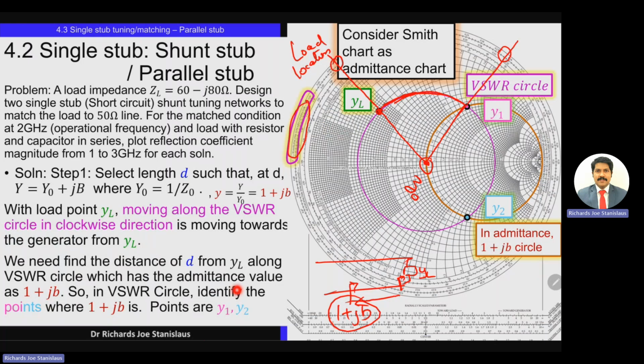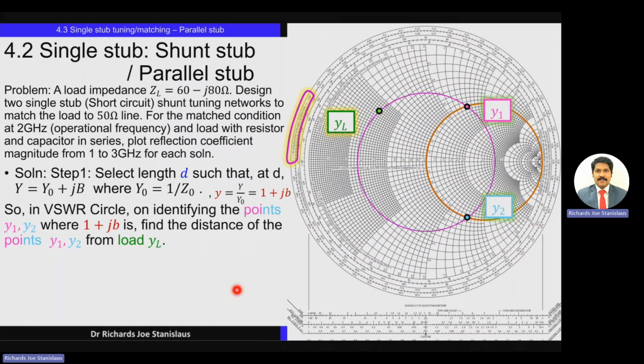The difference between these two reference locations will give you at what distance along the transmission line from the load you are going to find the value 1 plus JB. I've just marked it over here. This way you get the location where we get the 1 plus JB value.